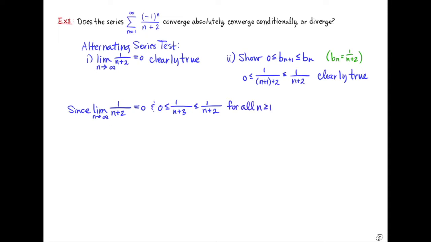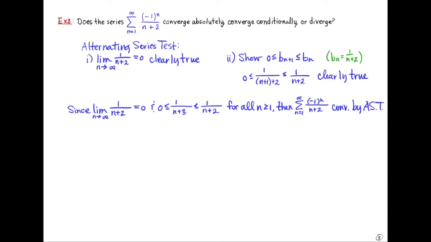It is important you make sure you include that step since it's not true for all n. Then the sum from 1 to infinity of negative 1 to the n over n plus 2 converges by the alternating series test.